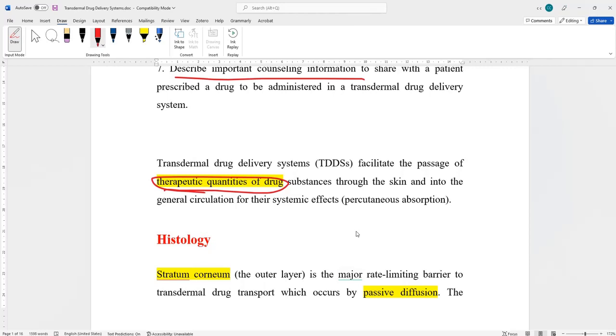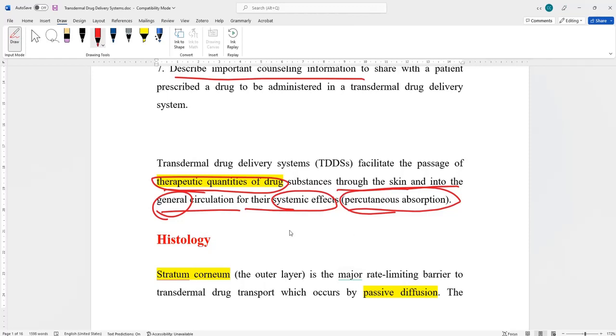So it facilitates the passage of therapeutic quantities of drug through the skin. That's why we call it percutaneous absorption, and into the general circulation. Of course general circulation is the systemic circulation, okay, to exert their systemic effects. Systemic, not systematic.